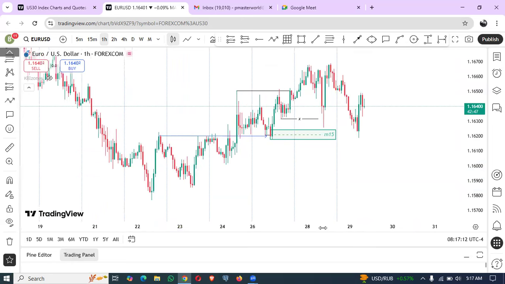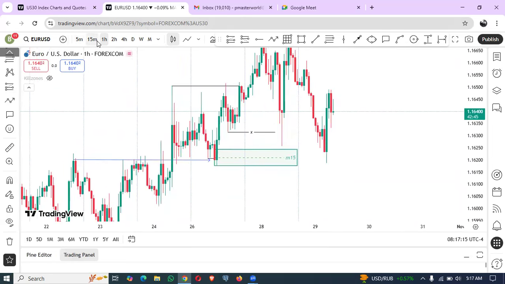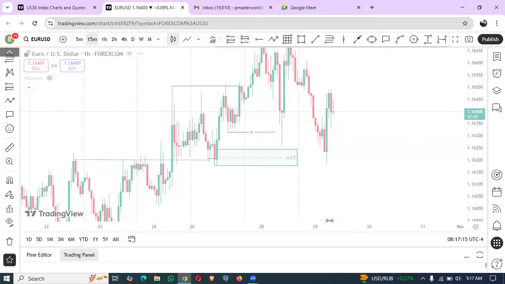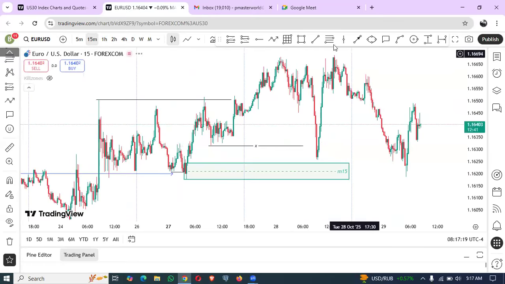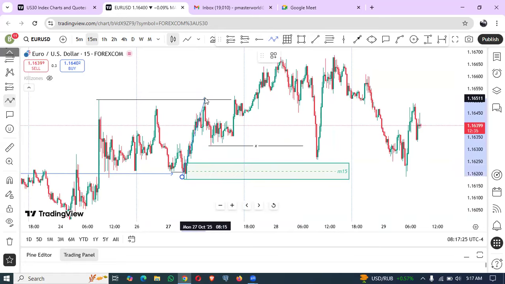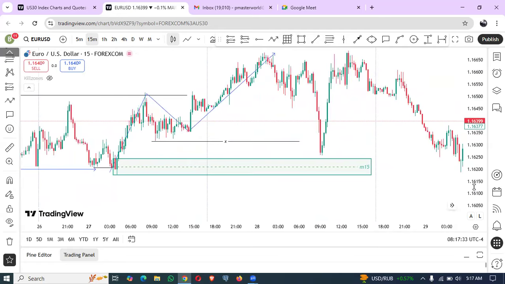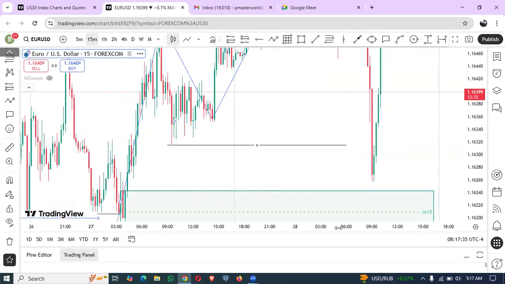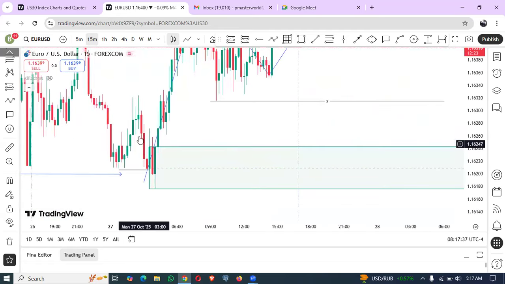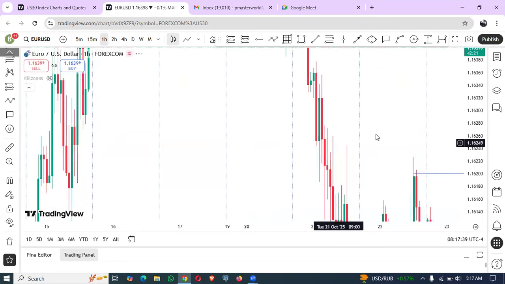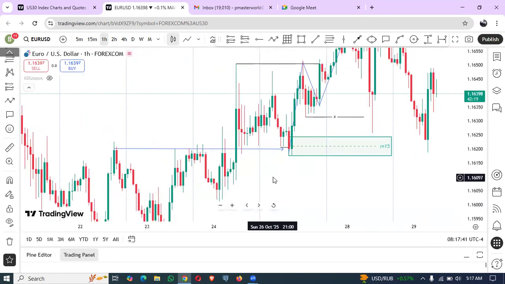So what's the context here now? You can see this nice impulsive push here, broke above here, corrected, came up. Once that happened, you look for either of those candles, either of the candles we trade.